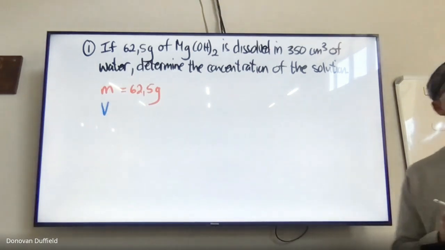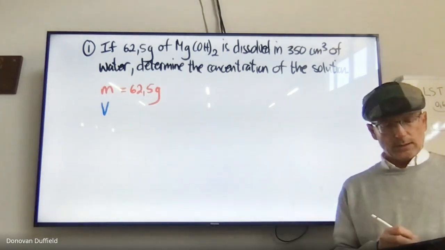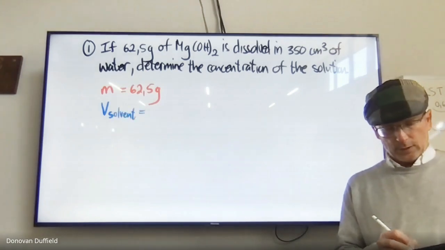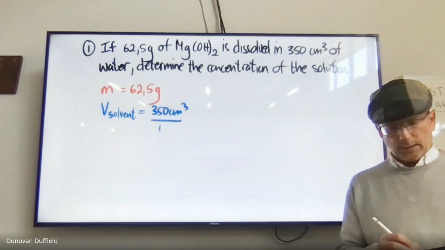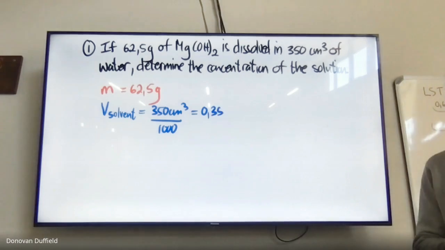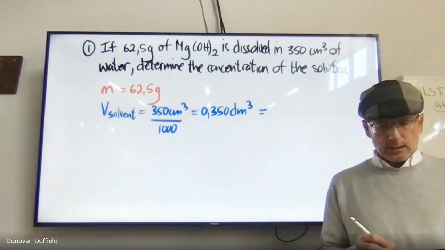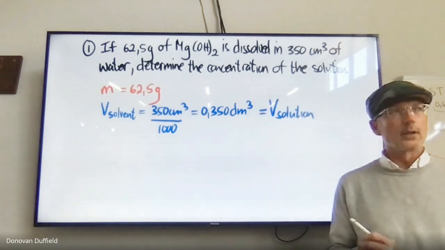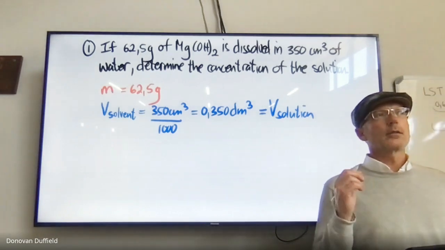The volume of the solvent is 350 cubic centimeters, which I divide by 1,000 to make it 0.350 cubic decimeters. But this is also equal to the volume of the final solution. So we're assuming 100% dissolving.